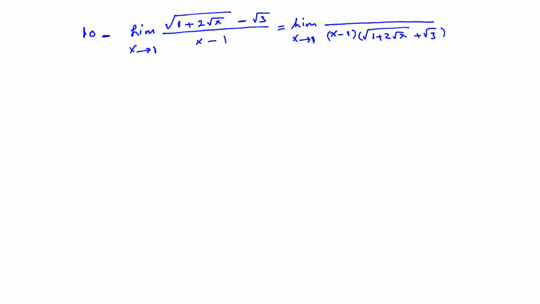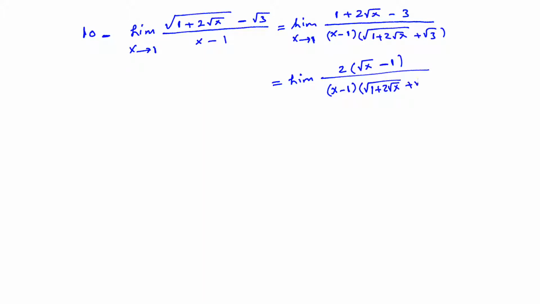By multiplying the numerator by its conjugate, we have 1 plus 2 root x minus 3. This can be simplified as 2 times square root of x minus 1 divided by x minus 1 times 1 plus 2 root x plus root 3 as x approaches 1.